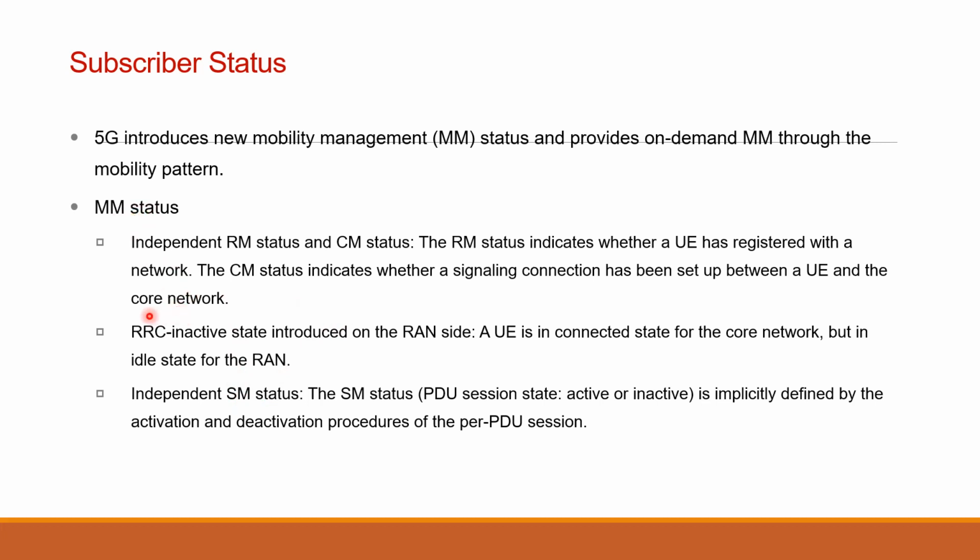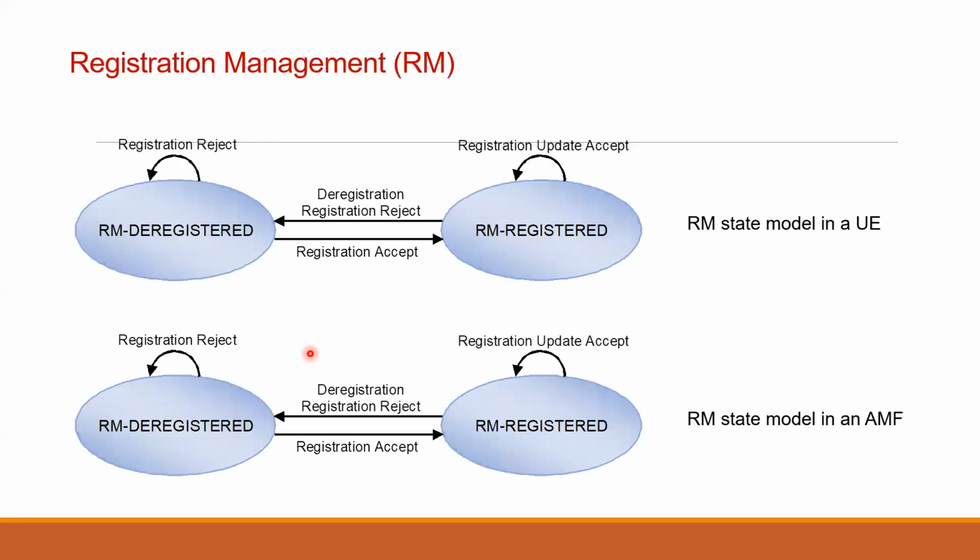However, a new status in connection management is introduced, which is the RRC inactive state, where a UE is connected from the core network, but is in an idle state on the RAN side. We will see later in the slides how this RRC inactive state works.